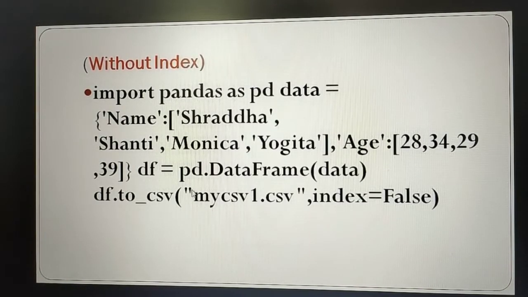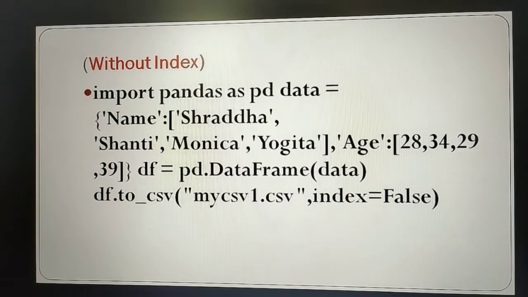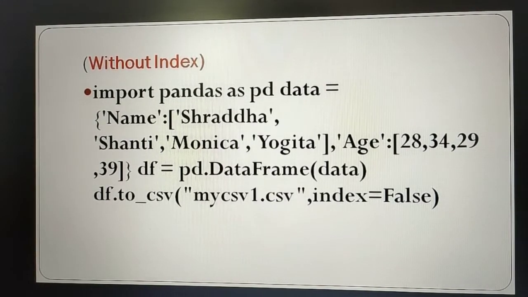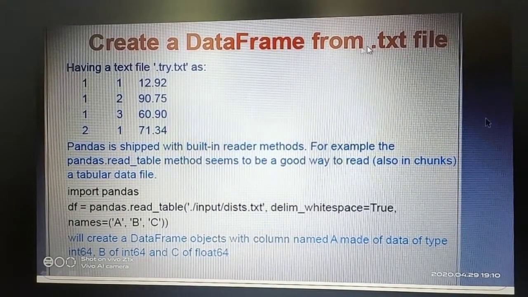And this is without indexing, the same thing, to_csv, my csv1.csv. For index, here you can use True and False, 0 and 1. That was in the previous slide with indexing, and this is without indexing. Now this is the data format from a text file.